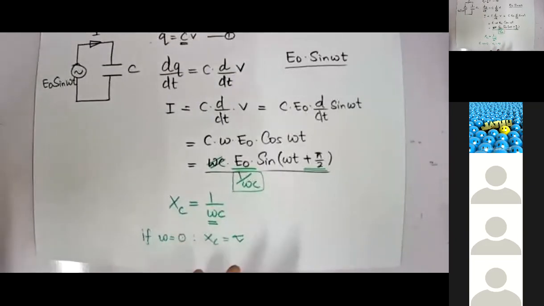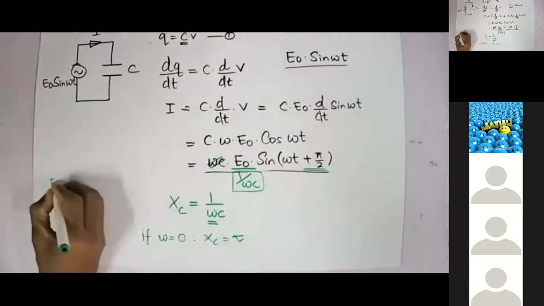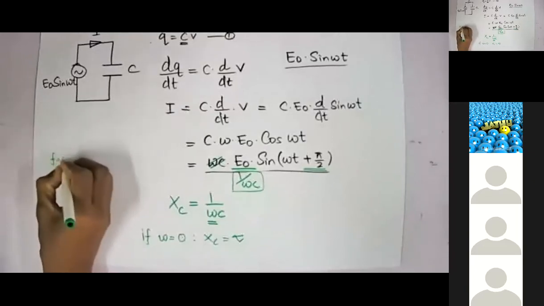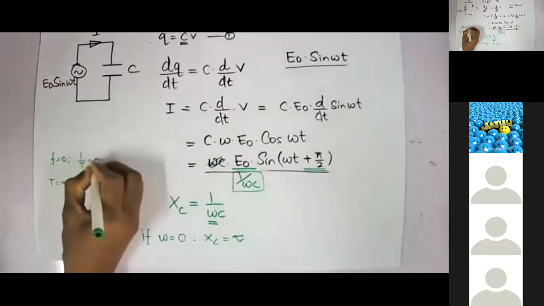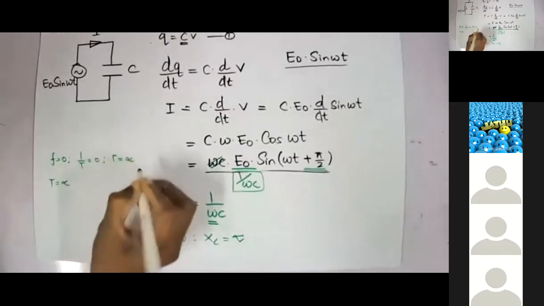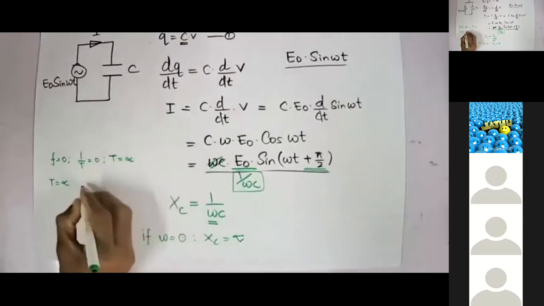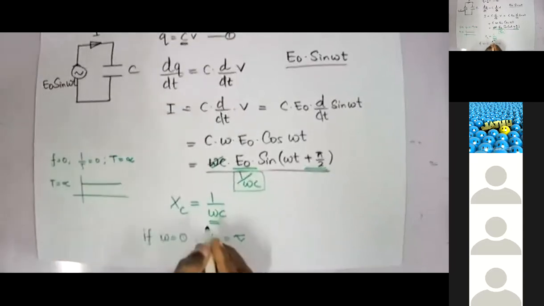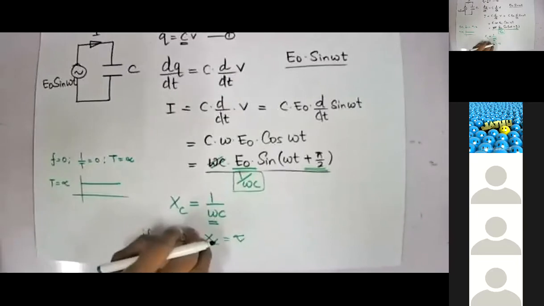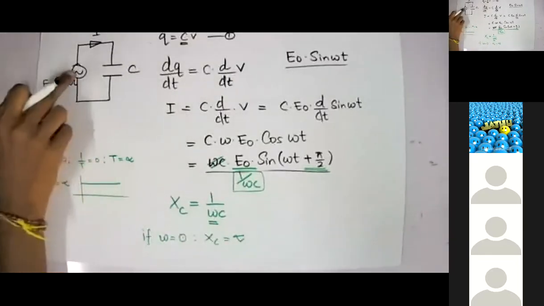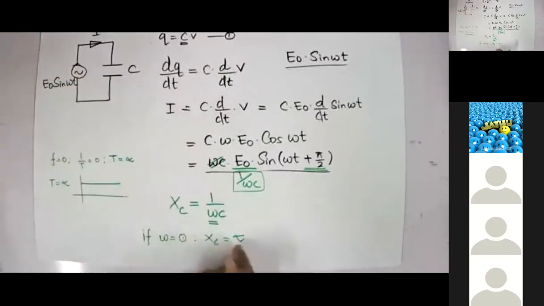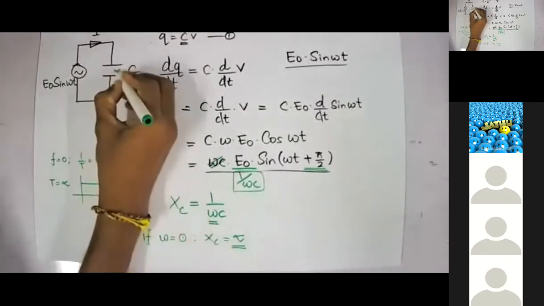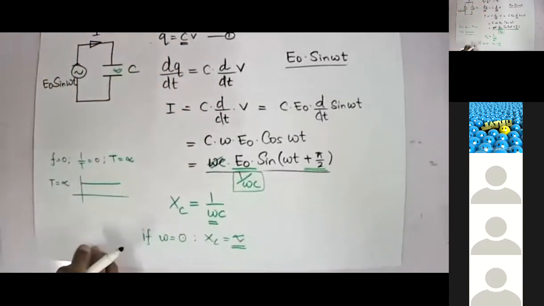The frequency equals 0 means t equals infinity. F equals 0 means 1 over T equals 0, hence T equals infinity. T infinity means your voltage is a DC voltage. When you have a DC voltage across the capacitor, your steady state capacitive reactance is infinity, and hence there will not be any current.